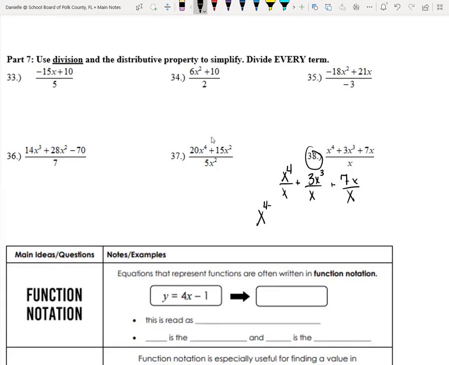We'll have x to the 4 minus 1, 3x to the 3 minus 1, and 7x to the 1 minus 1. Because remember, all of these have a 1 with them. 4 minus 1 gives me x to the third, x squared, and x to the 0 power equals 1.